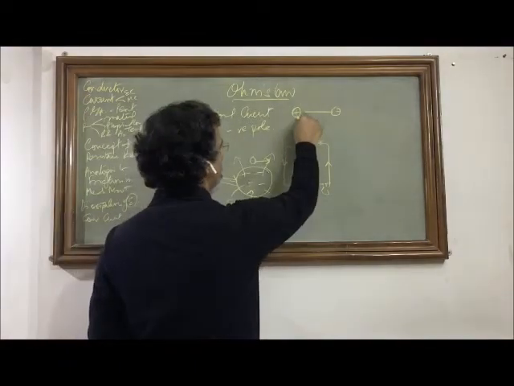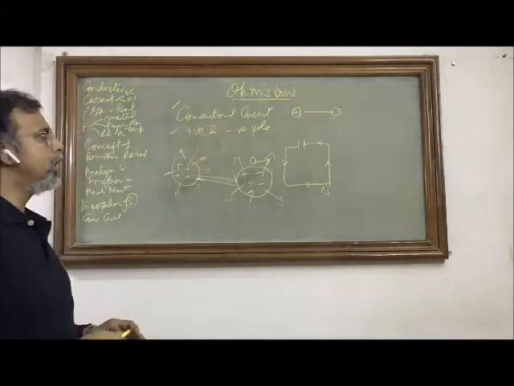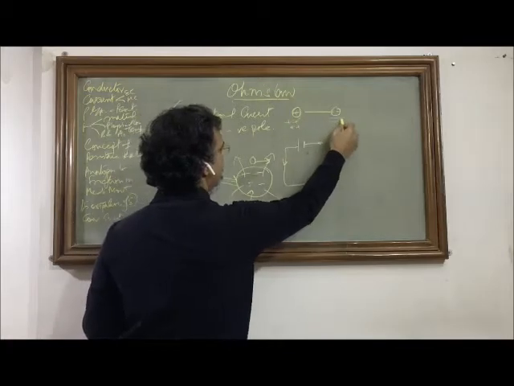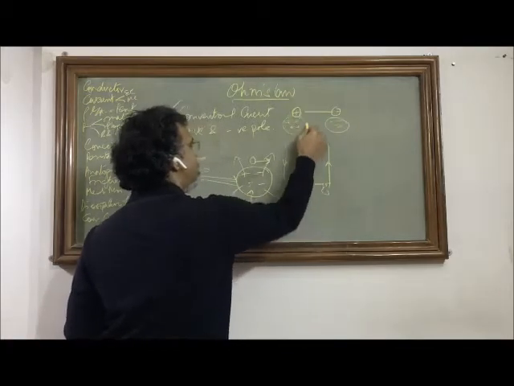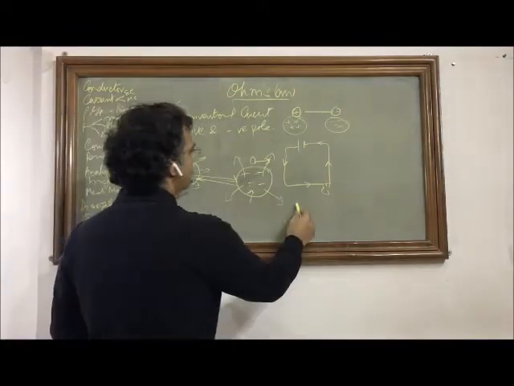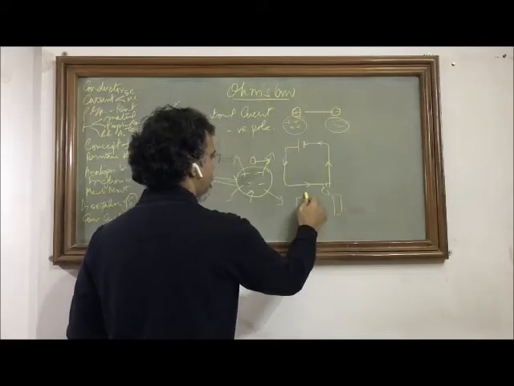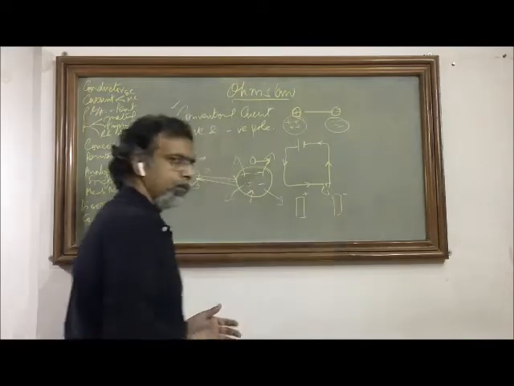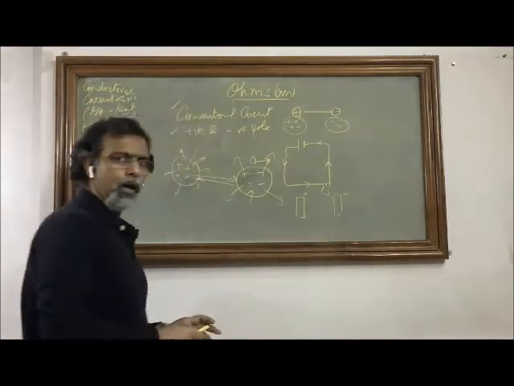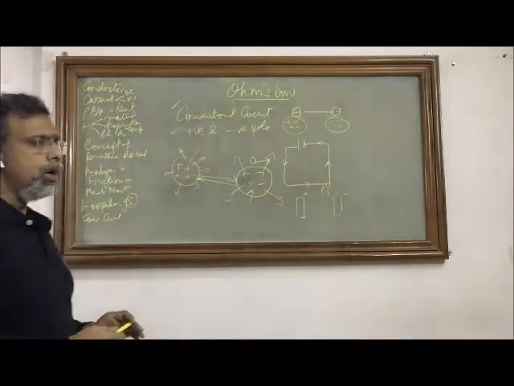Another important point to understand here is that this positive and negative pole may or may not mean that here we have a collection of a lot of positive charge and here a collection of a lot of negative charge. This might be a situation, this might not be a situation. There may be a situation in which you will have two poles, one at higher potential energy than the other. In such a case also we say the lower potential energy pole is the negative pole and the higher potential energy pole is the positive pole.